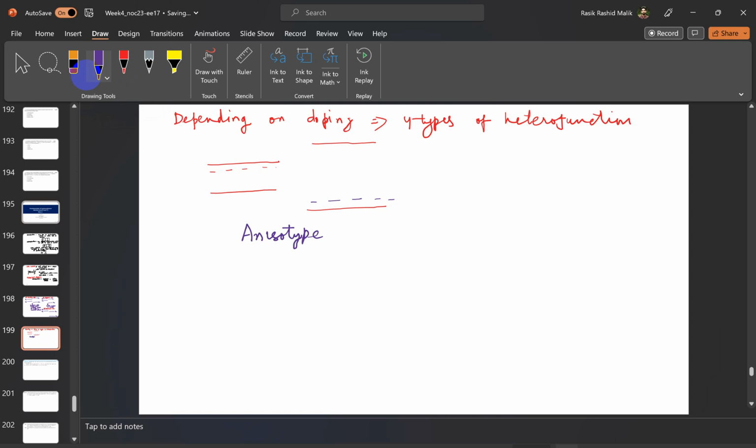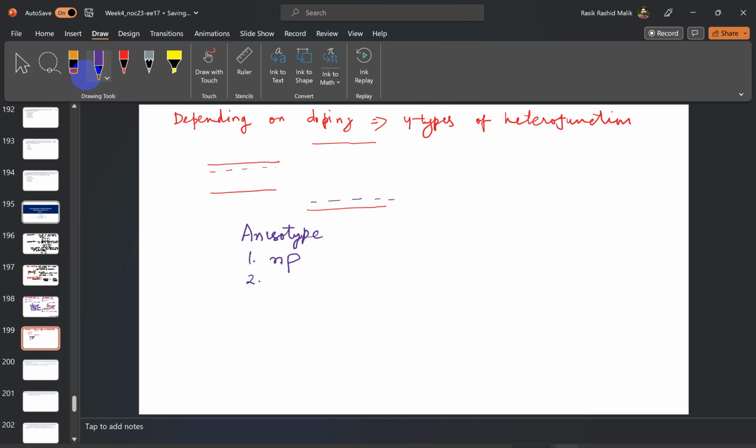We have the case that we have drawn, which is n on the narrow side and P on the wider band gap side. So here we have used a notation, small letters for the narrow band gap material and capital letters for the wider band gap material, or it can be reversed as well.